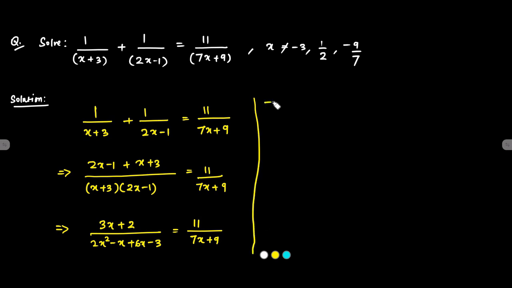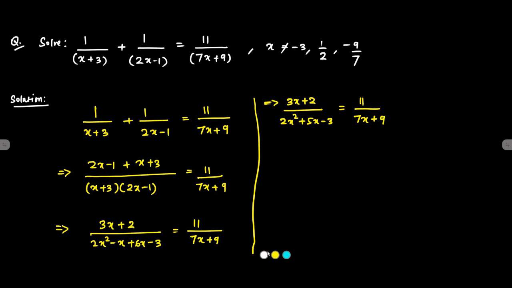That implies 3x plus 2 by 2x square plus 5x minus 3 is equal to 11 by 7x plus 9.